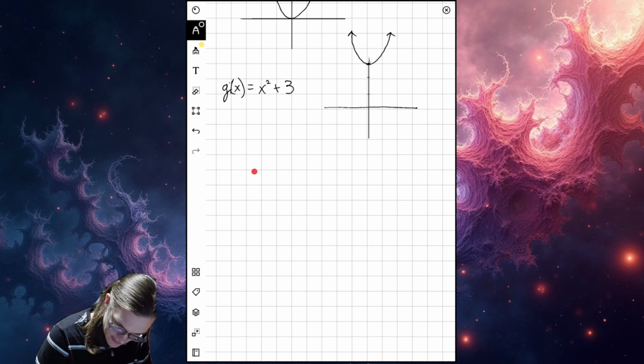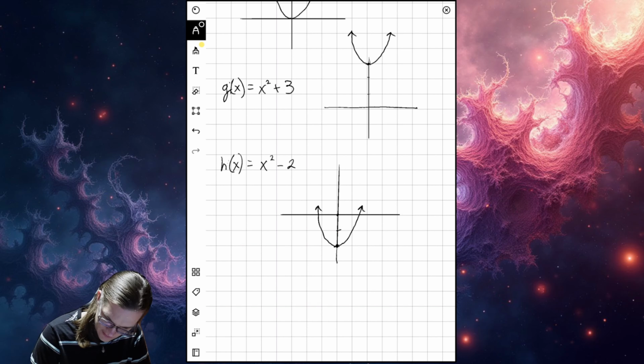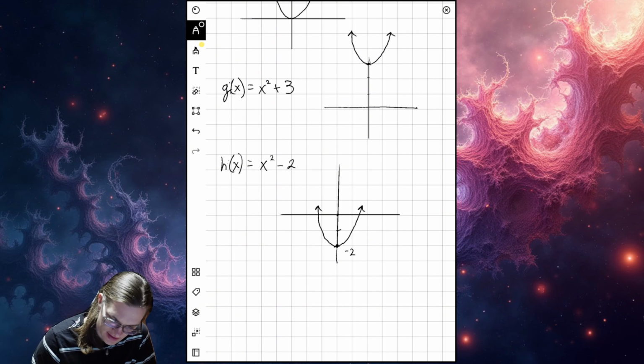Or say we want to shift it down 2 units. Okay, we'll do x squared minus 2, and then the new graph, since we started here with our parent function, would be 1, 2, same exact shape, but shifted down 2. So what is happening when you do a vertical shift is that every y value on the original graph is moved up or down. Either here it was plus 3 up or minus 2 down. So that is the definition of a vertical shift.